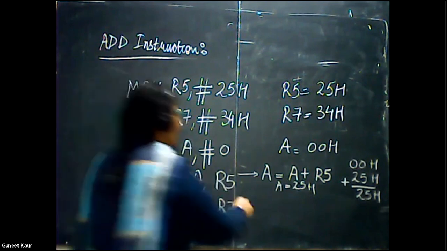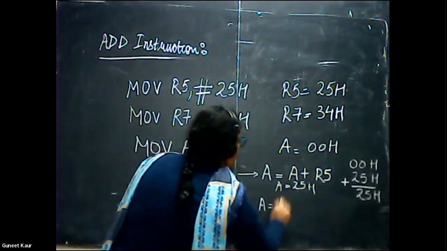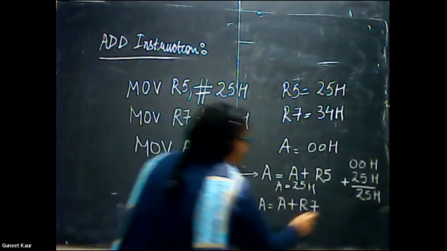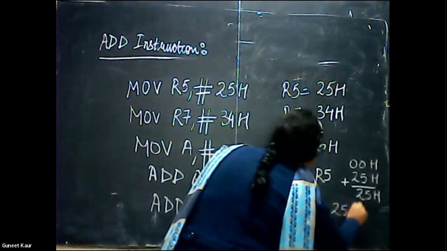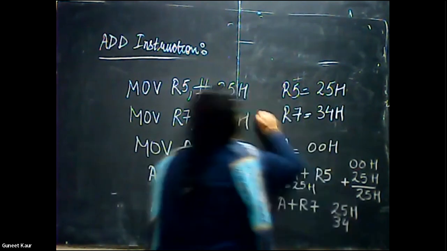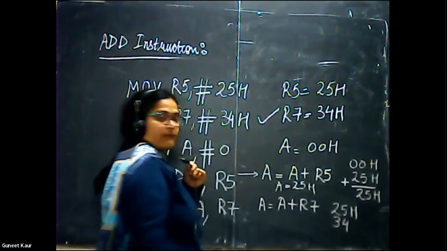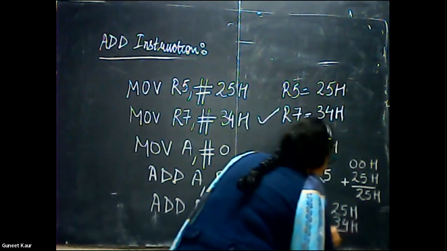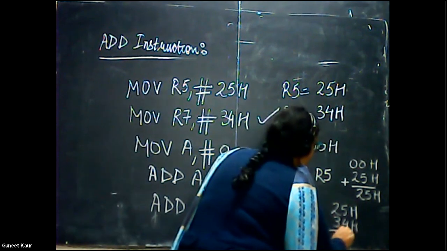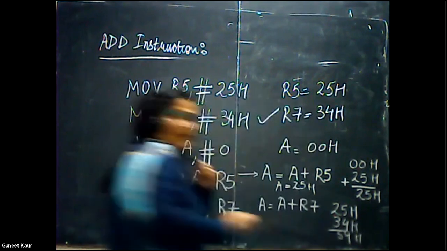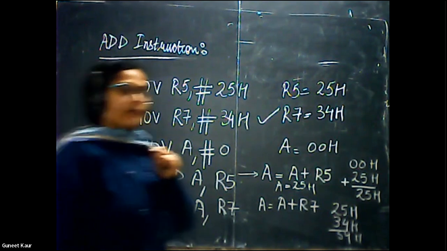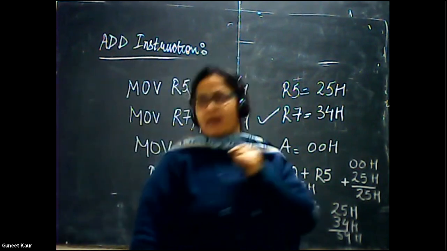Now A will again perform the operation: A equals A plus R7. A is here 25H and R7 is here 34H. After the addition, 5 plus 4 is 9 and 3 plus 2 is 5. So 59H will finally be stored in the accumulator, and the accumulator value will be updated as 59H.